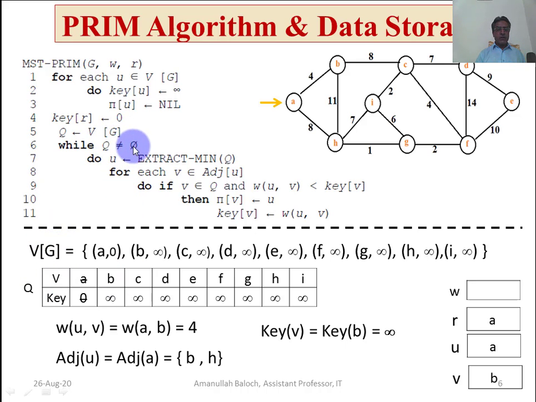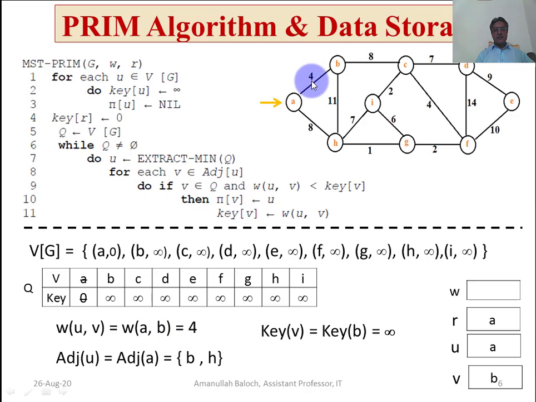While Q is not equal to empty, we first clear the concept of some terms here. What is W of UV? Let's suppose U is equal to A and V is equal to B. Then W of UV, the weight between U and V, that is the weight from A to B, is equal to 4.